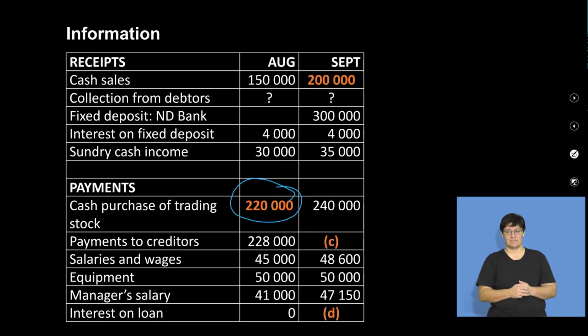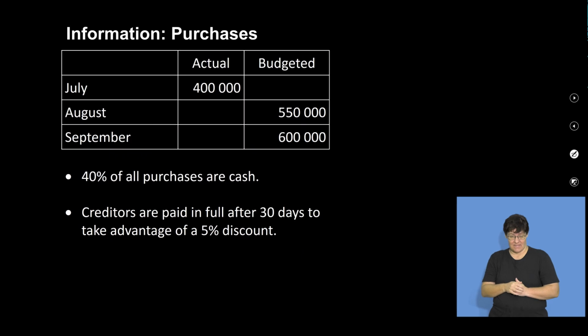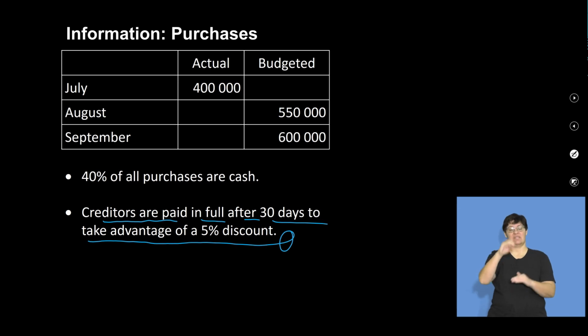Okay. In C, payments to creditors, right? We did say we're going to come back to this one here. Let's see what we have here. We want our payments to creditors for September. So, in terms of the proviso, we are told creditors are paid in full after 30 days to take advantage of a 5% discount. So, you're paying in 30 days, it means you're paying the month thereafter.